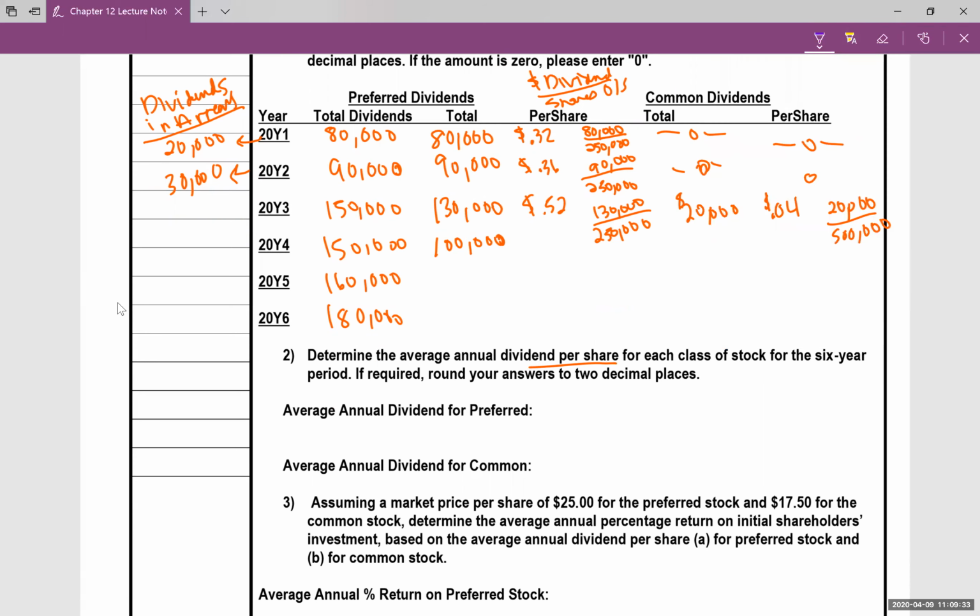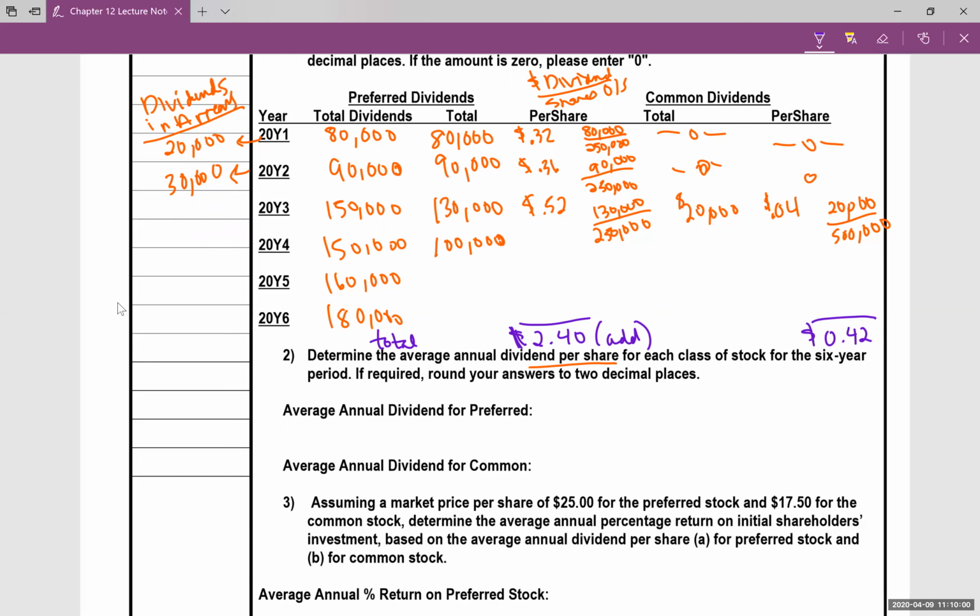There is this total line, and the total line here is going to be $2.40. And that was just adding up the per share. And then over here, the total is 42 cents. Okay, so that's kind of important information.